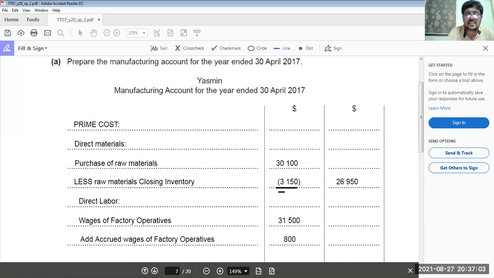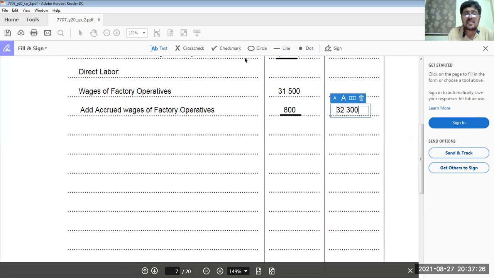After adding this, we get the direct labor. Direct labor is 31,500 plus 800, 32,300. Now we add materials and labor, and we get the prime cost.